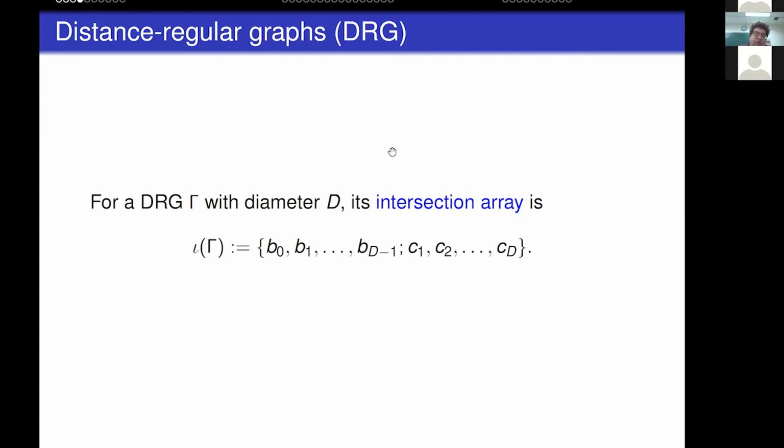And for a distance regular graph, the following array is called the intersection array. Once you know the b_i and c_i, you also have the a_i, because a_i is b_0 minus c_i minus b_i.